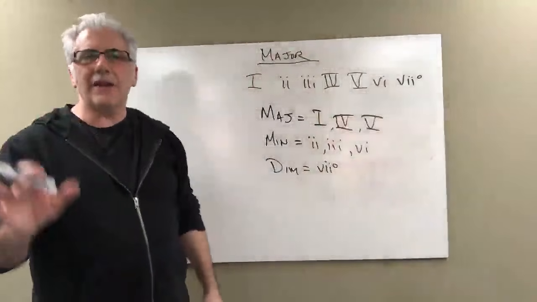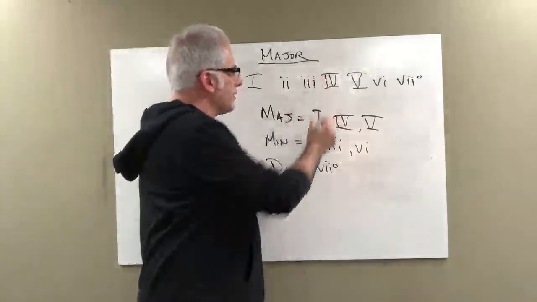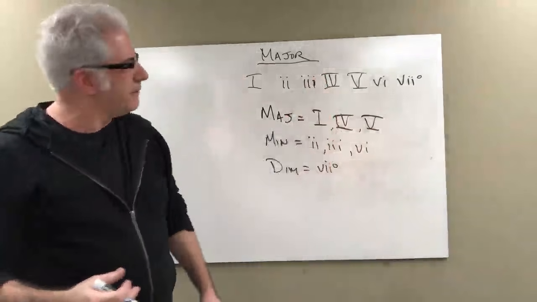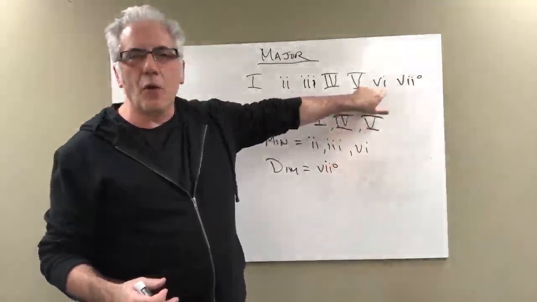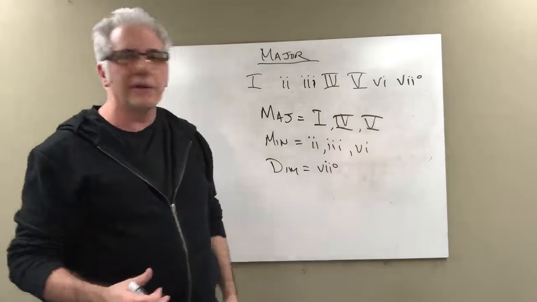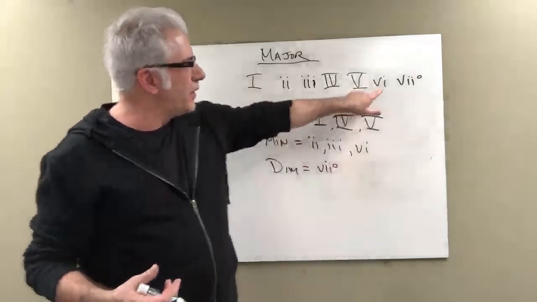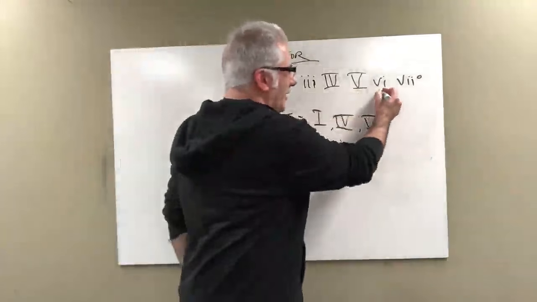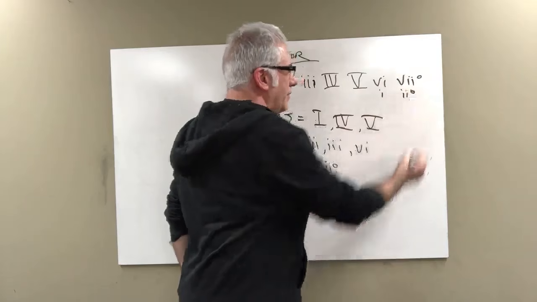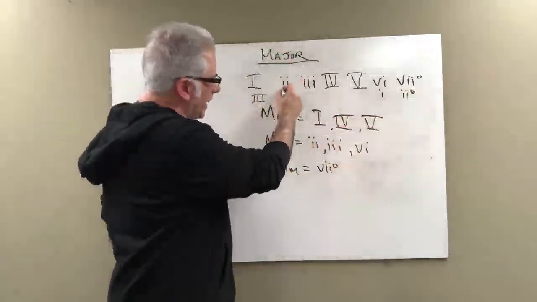Minor keys are not necessarily as important, but if you took the relative minor, which really starts on the 6th degree, and you make that a 1, and you do the same pattern, it comes out the same way. So your minor 1 would be like this, then the 2 chord would be diminished. So this is your minor key. This would be major, this would be minor.